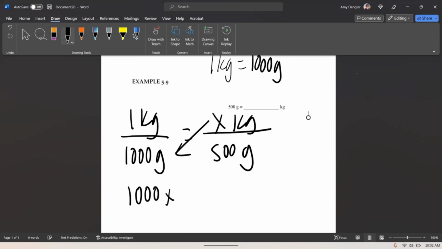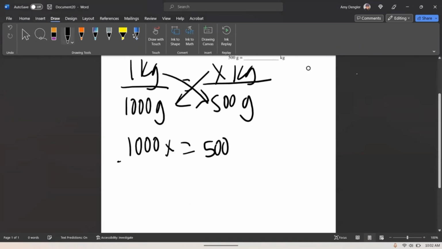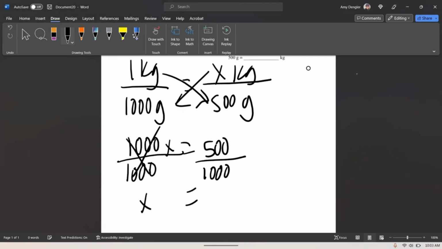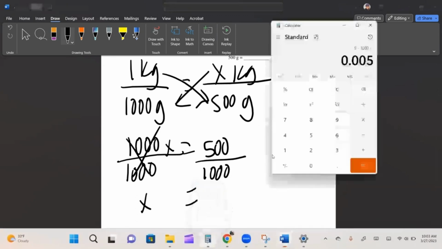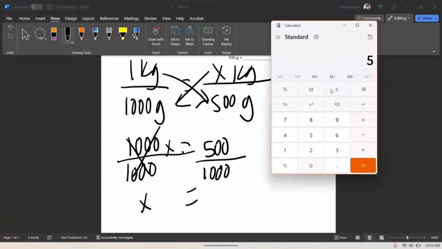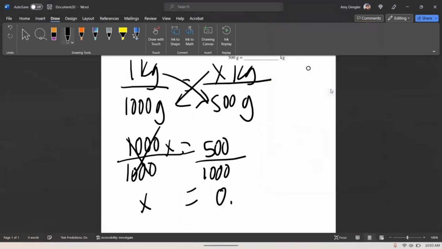So we have 1,000x is equal to 1 times 500, which is just 500. And we want to get x alone, so we've got to get rid of that 1,000. We now have x alone on this side, but we have to divide that side by 1,000 as well. So 500 divided by 1,000 is going to give us 0.5 kilograms.